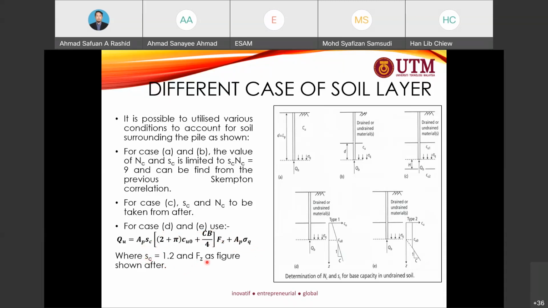We look at how they define the FZ and also the SC.